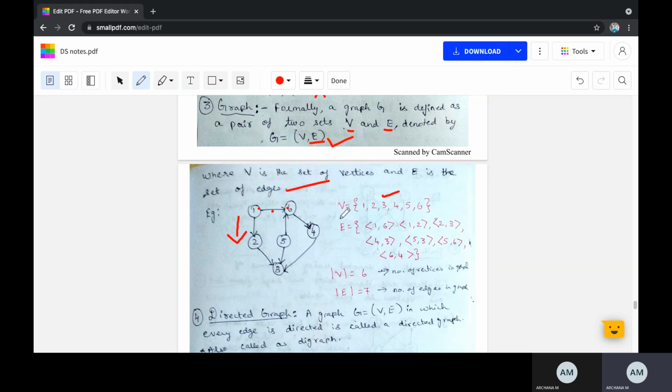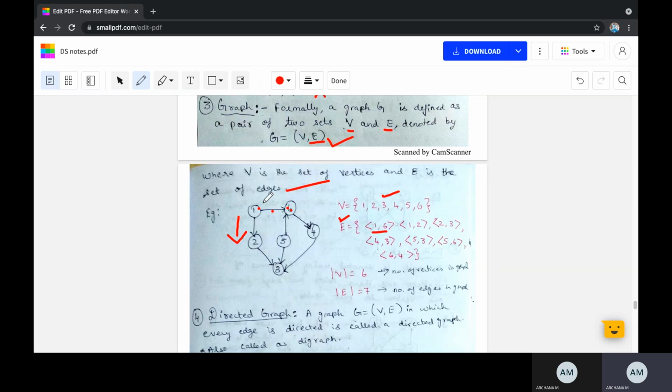Like this we write the vertices, and then we write the edges. Since this is directed, we have to write the edges within the greater and lesser symbol. So 1 comma 2 is one edge, then 1 comma 6 is an edge, 5 comma 6 is an edge, then 6 comma 4 is an edge, then 2 comma 3. Like this, from where to where the direction is traveling.